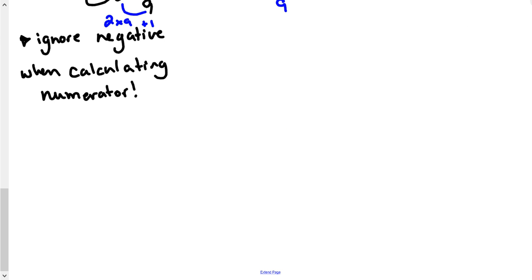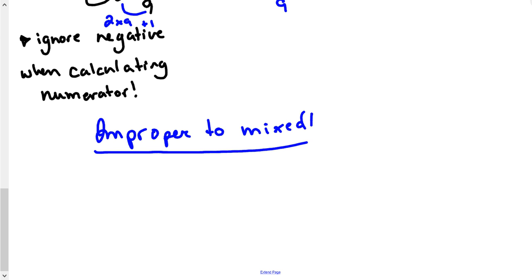Let's do improper to mixed. So let's do 19/4. The question we have to ask ourselves is how many 4s fit into 19?